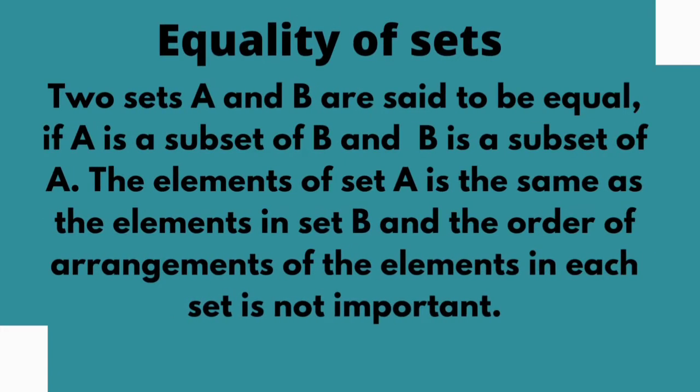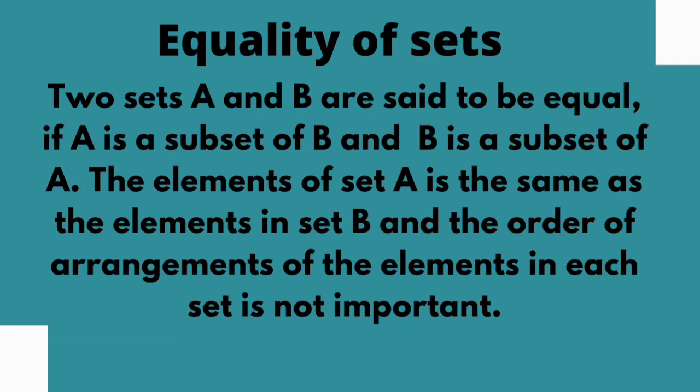Equality of sets. Two sets A and B are said to be equal if A is a subset of B and B is a subset of A. The elements of set A are the same as the elements in set B, and the order of arrangement of the elements in each set is not important.